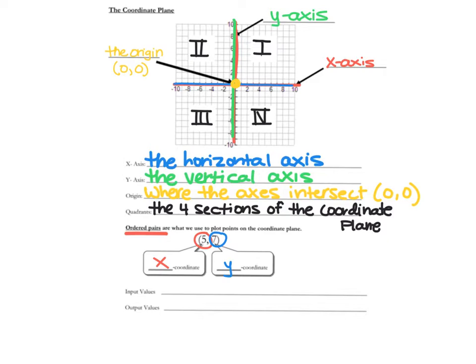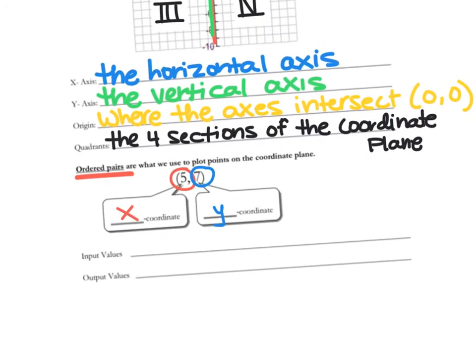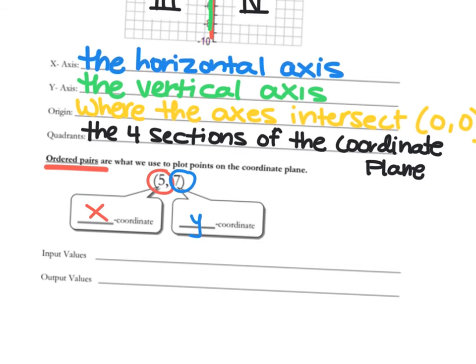The other thing that we like to say is input and output. So when we're talking about input values and output values, we're talking about functions, and we're going to be discussing a lot about functions this whole chapter. So input values are x values and output values are y values.